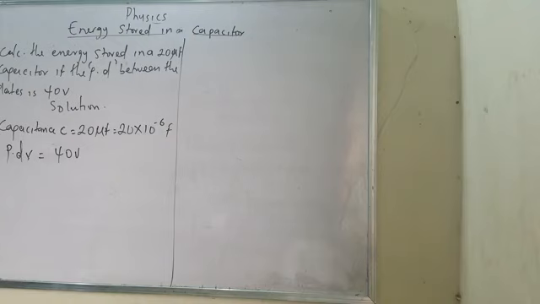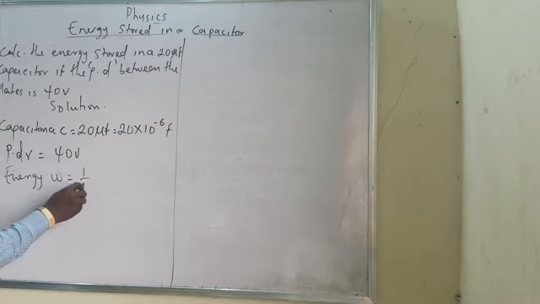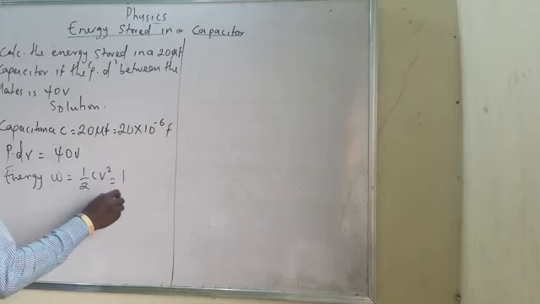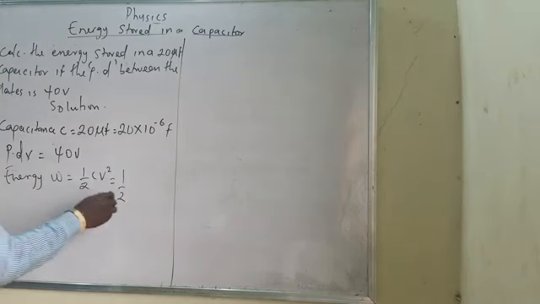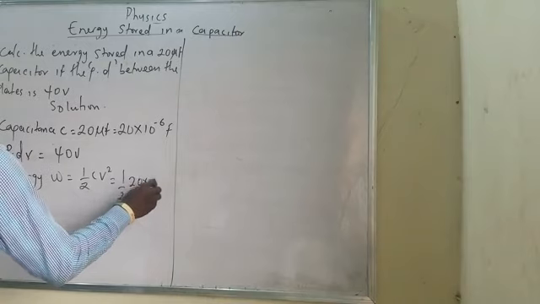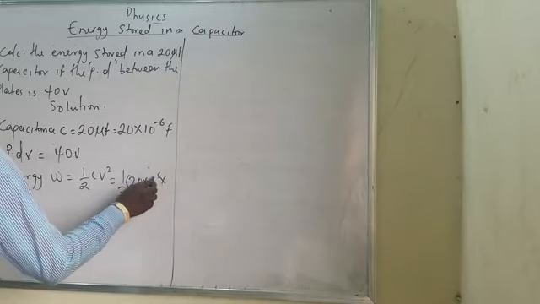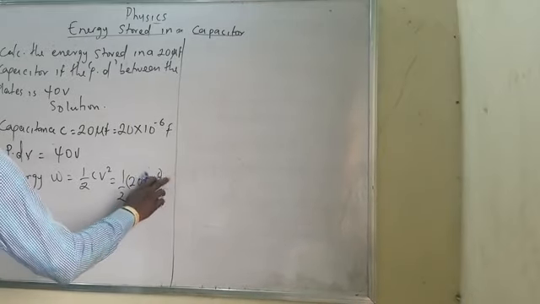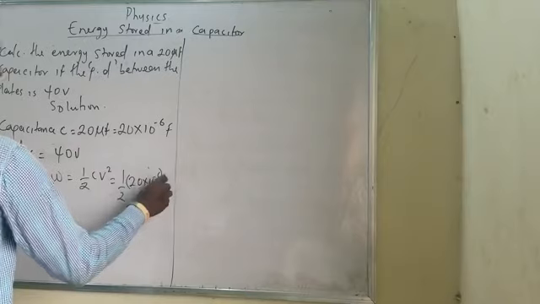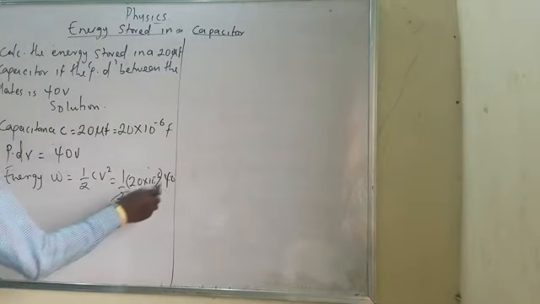My energy, W, equals 1 all over 2 CV squared, which is 1 all over 2 multiplied by 220 multiplied by 10 raised to power minus 6 multiplied by 40.